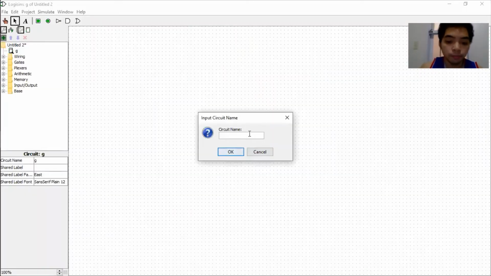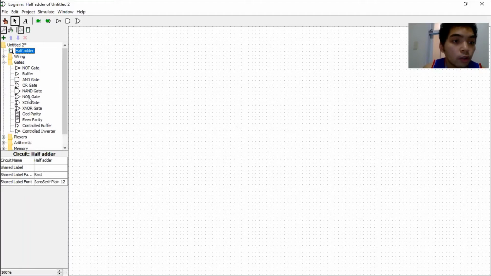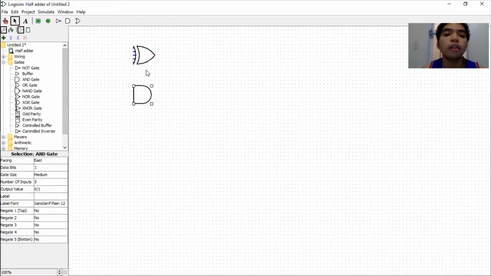So in Logisim, we need an XOR and an AND gate.